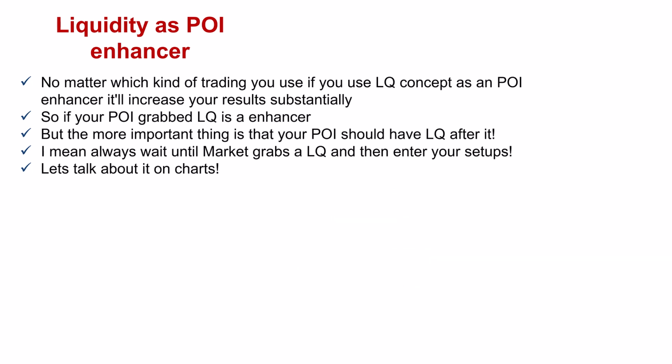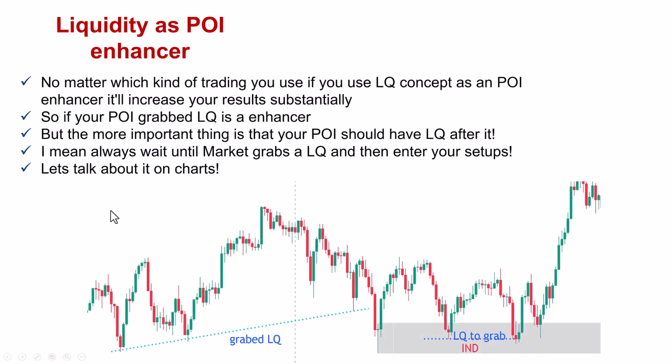Anyway, an order block, support or resistances, and any kinds of POI or point of interest should always have liquidity after it. I mean the kind of liquidity that I was talking about, the hard liquidity. And if it grabbed liquidity before creation, it has higher probability compared to other POIs.